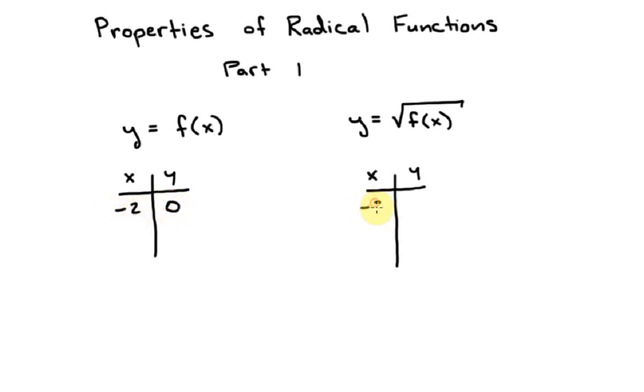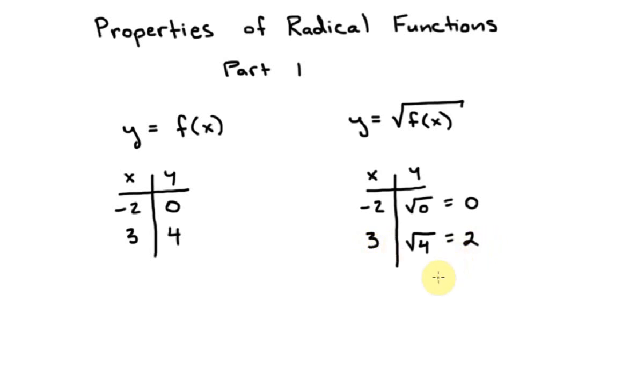So at -2, we square root that 0, and that point is not going to move. It's the same location. Maybe we have a new point where x is 3 and the y value is 4. Where would that point be now? Well, we just take the y value and square root it, so it would now be at 3 and 2.